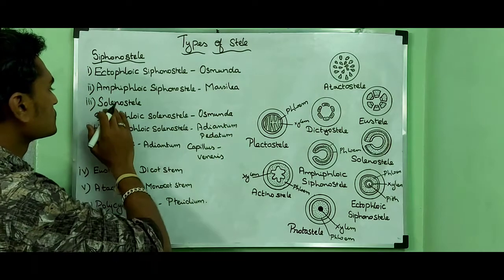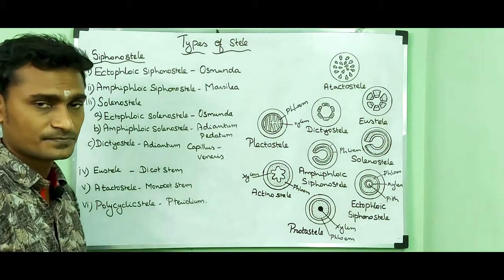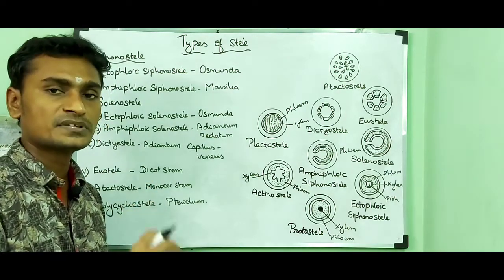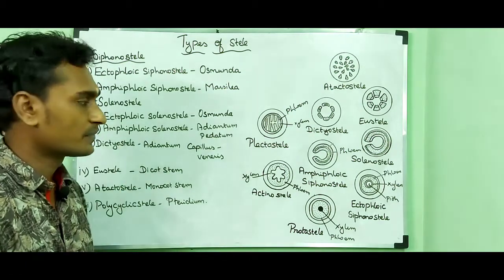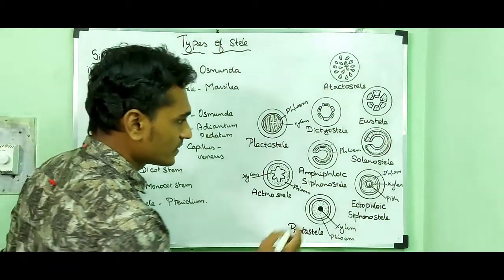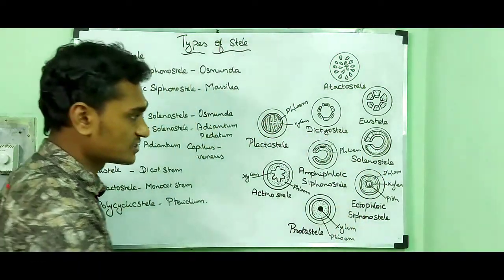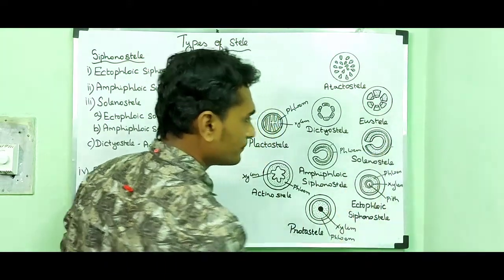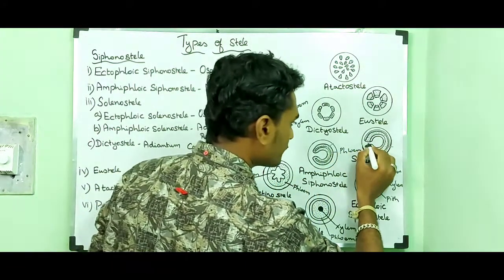Then the third type, Solenosteel. Solenosteel can be defined as xylem surrounded by phloem, pith at the center, and it contains leaf gap. So this is the structure of Solenosteel. This is the phloem, this is the xylem, and pith at the center. It contains leaf gap.